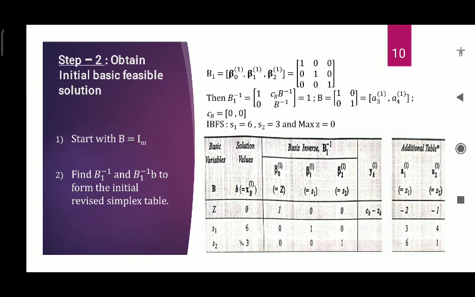The next table, which we call the additional table, contains only the non-basic variables x1, x2. The column vectors are a1 upon 1, a2 upon 1, whose values are -2, 1, 0 and -1, 4, 1. Now we have to find B1 inverse and B1 inverse b to form the initial revised simplex table.